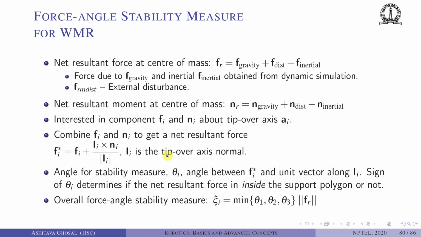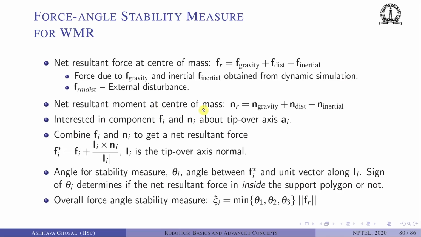The net resultant force can be computed also. This Fr is given by the force due to gravity, plus the force due to disturbance, minus the force due to inertia. The forces due to gravity and inertia are obtained from dynamic simulation. The F disturbance is some external disturbance which we need to assume.